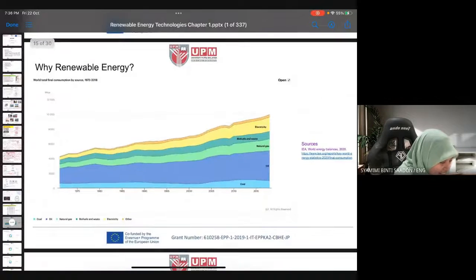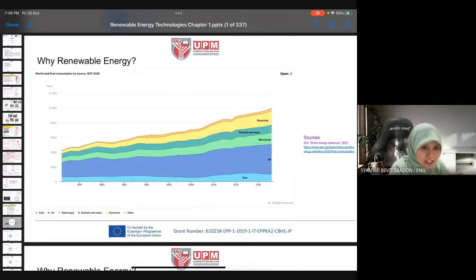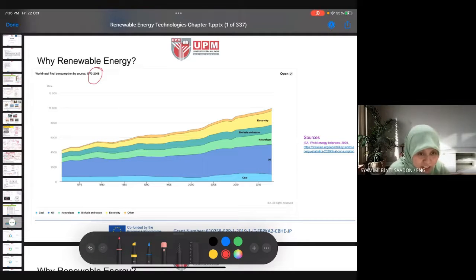This is some of the latest data, not really latest, until 2018, about worldwide energy consumption. The source is the IEA, the International Energy Agency.